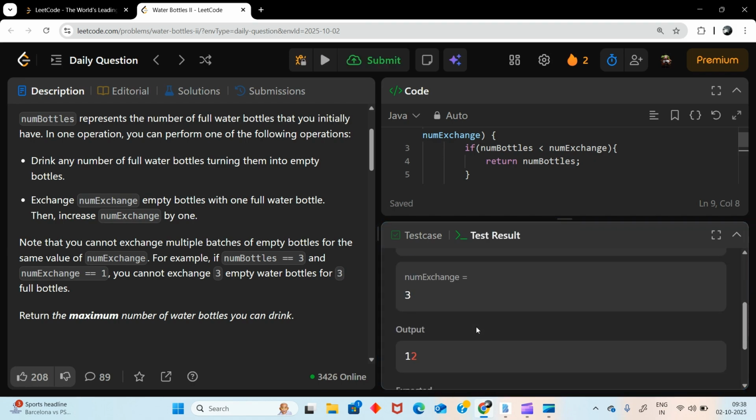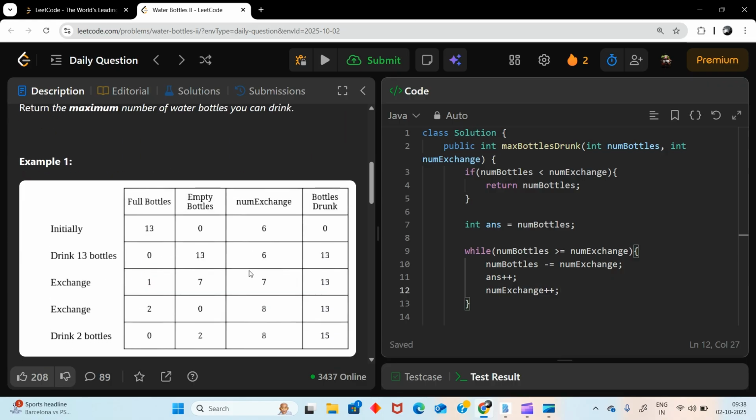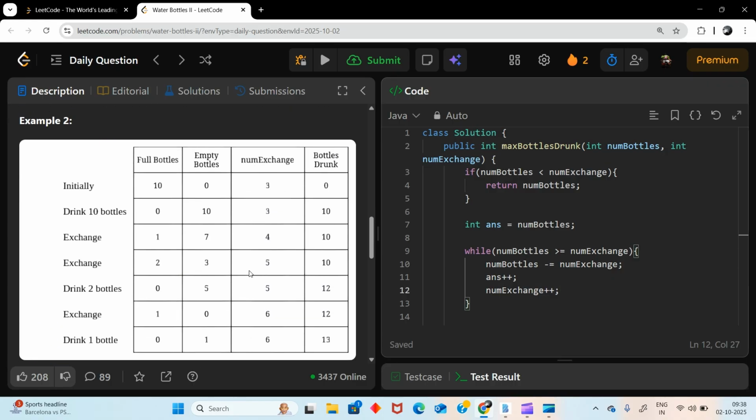We are doing answer plus plus, and num exchange also plus plus. We will subtract this. So here if you see, let's try this. There are 10 bottles. Initially my answer is 10. Now I will subtract 10 minus 3.